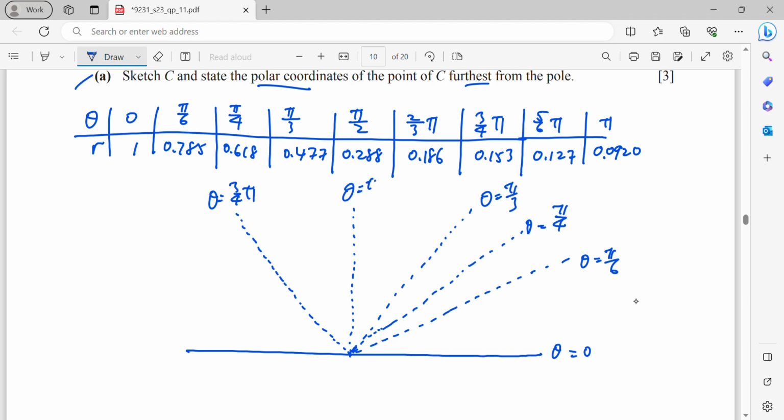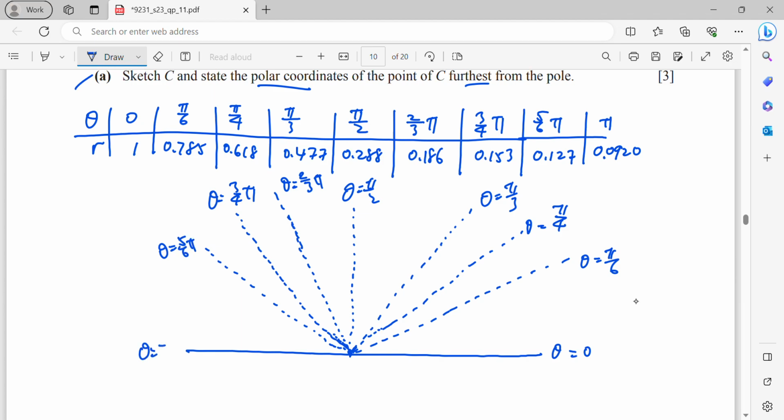This is pi over 2. So I use dotted line to label the angle. So for you, please use the protractor, okay? So here is going to be 2 over 3 pi, then 5 over 6 pi.